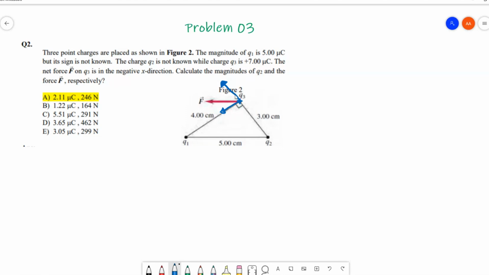If you try to change any of these vectors, like down or to this direction, you will see that the sum of the two vectors cannot go to the left. So this is the only configuration. So this one is positive. This one should be negative because they are attractive. These are repulsive, so they should have the same sign. This one plus should have also plus here. So here we got the signs.